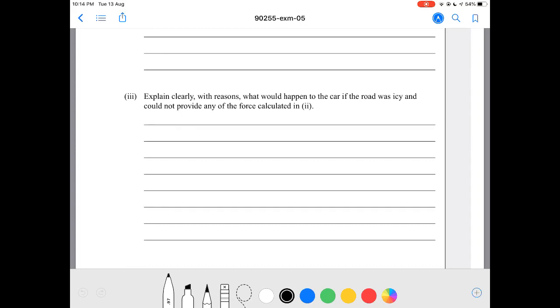So if the road was icy, which is frictionless, there would be no centripetal force.